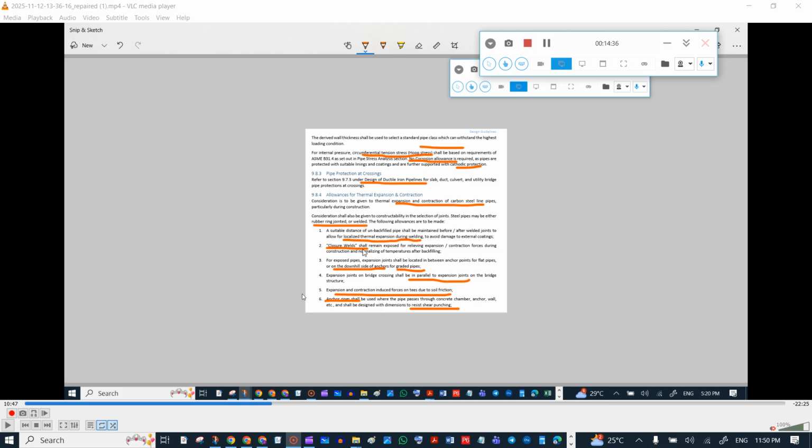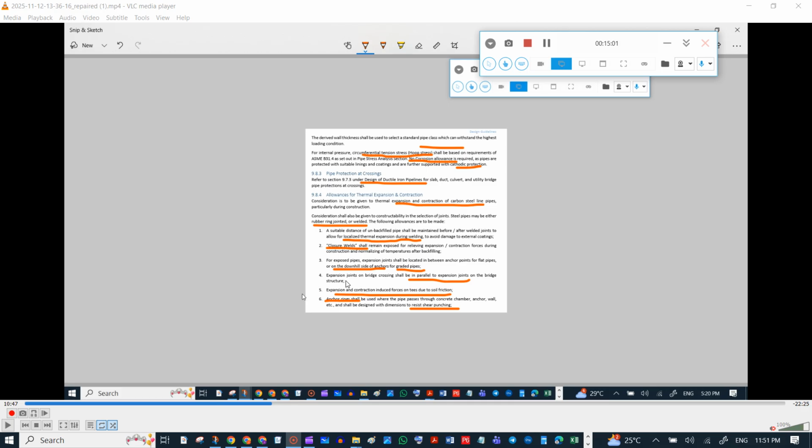Then closure welds: the weld ends shall remain exposed for relieving expansion or contraction forces during construction and normalizing of temperatures after backfill. So the dead ends are always to remain exposed for relieving this.